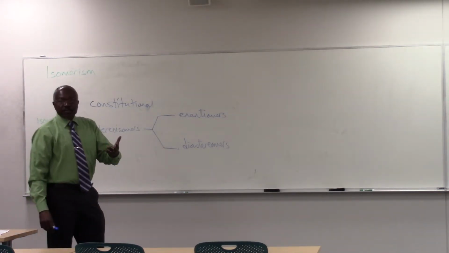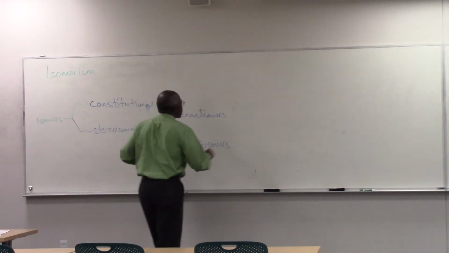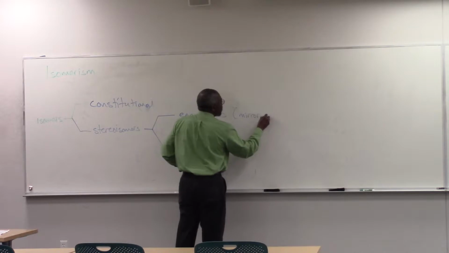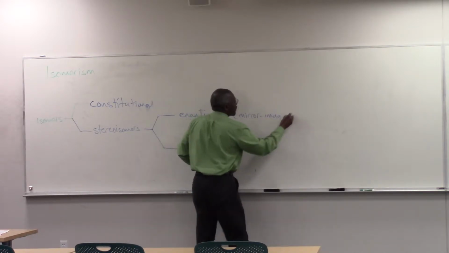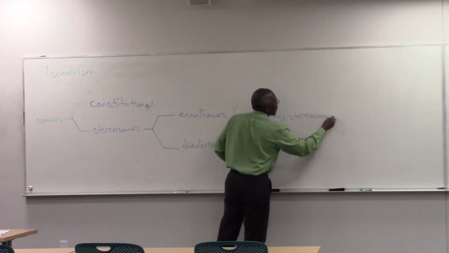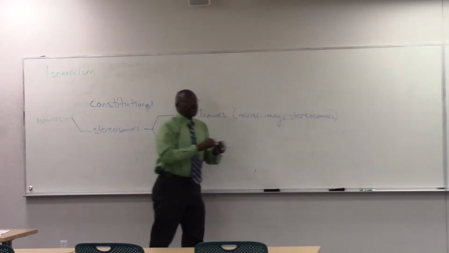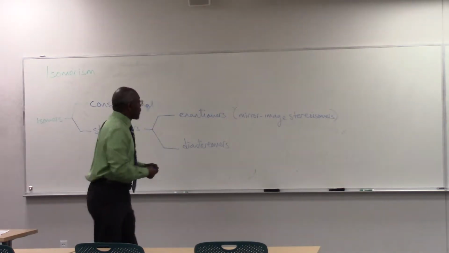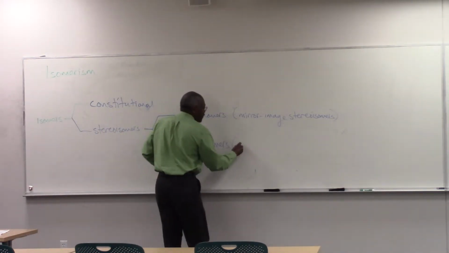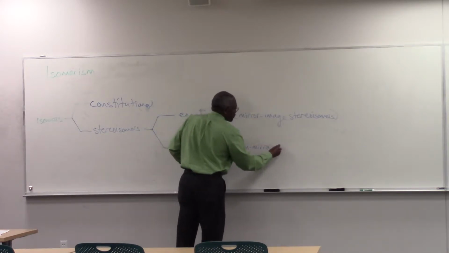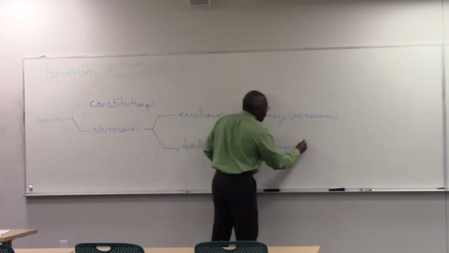So what are enantiomers? Enantiomers are mirror image stereoisomers. In other words, they are isomers who are mirror images of each other. We'll explore those in a second. Diastereomers, on the other hand, are non-mirror image stereoisomers.